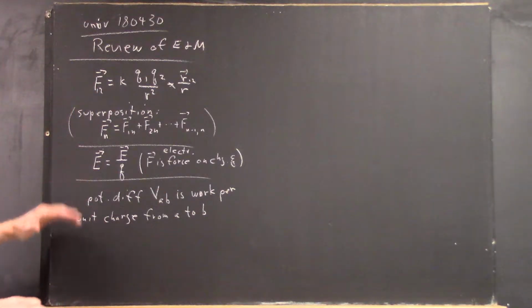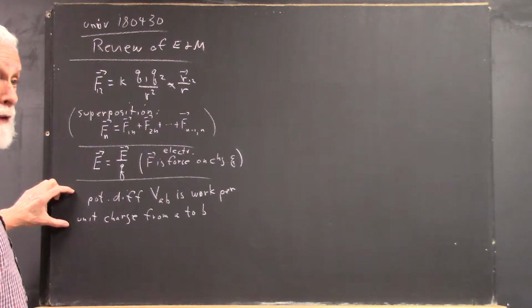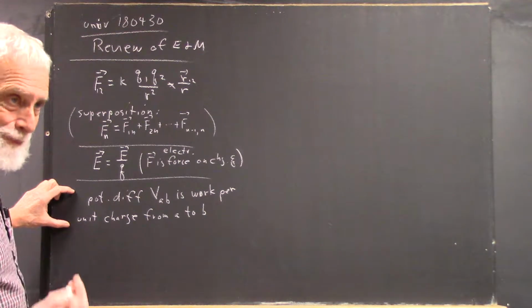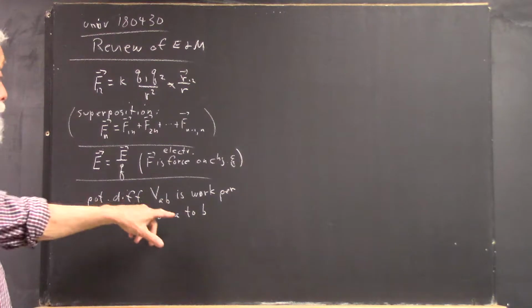So I'm just giving you a brief idea of what these things are rather than getting into the details of the definitions, which you can sort out in solving problems. So there's your potential difference.